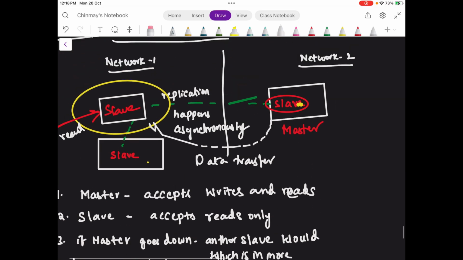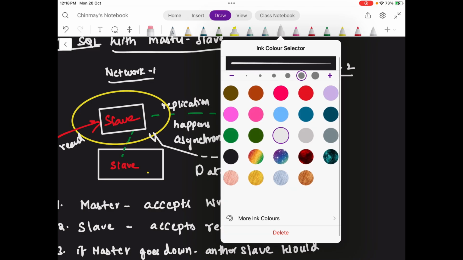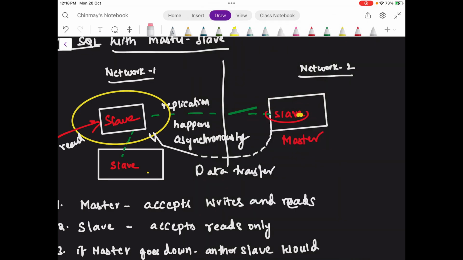Again, during the replication process also, this is a master.